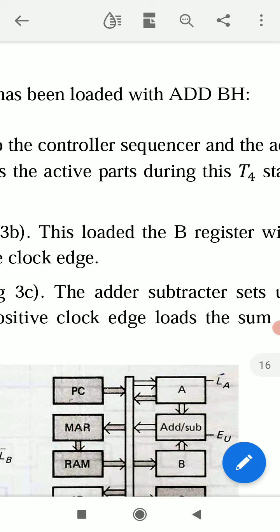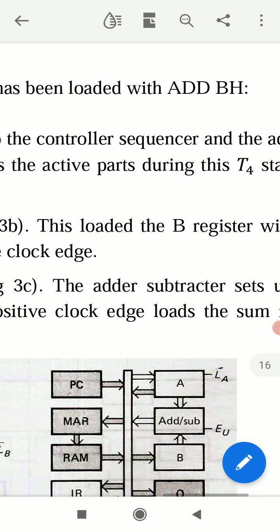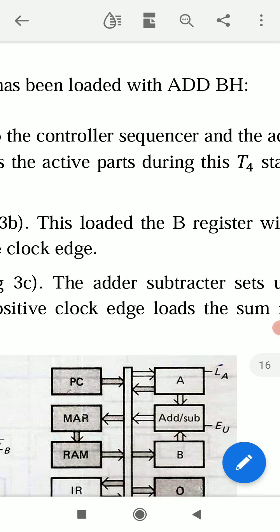It means we have to add the content of accumulator to the content of this hexadecimal address BH. So to add these two words, first we have to load the B register by this content of memory location BH.